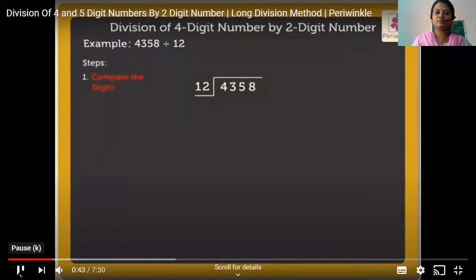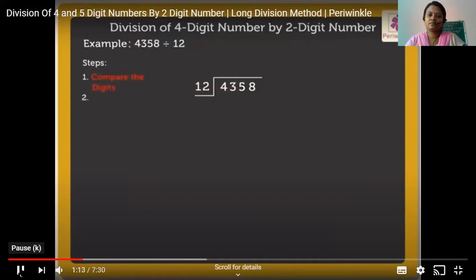We compare the leftmost digit, that is, the thousands in the dividend, which is 4, with the divisor 12. As 4 is smaller than 12, we compare the hundreds in the dividend with the divisor. Here, 43 is greater than 12. Now, we can divide 43 by 12.